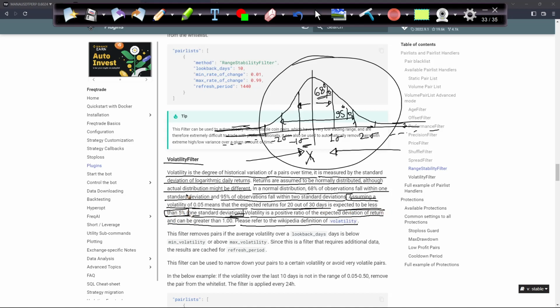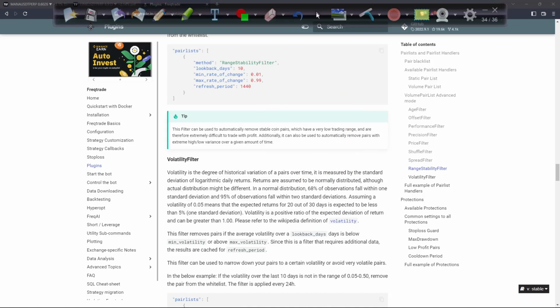So if we have this number, what we can say is that out of 30 days, the expected return for around 20 days is 5%. Yeah, I think that's what I understand here. That is one standard deviation, which falls within 68% of the time.